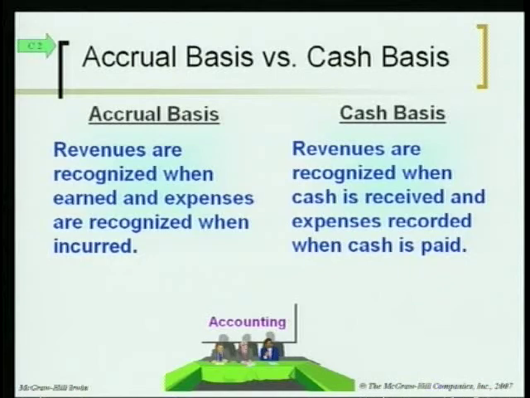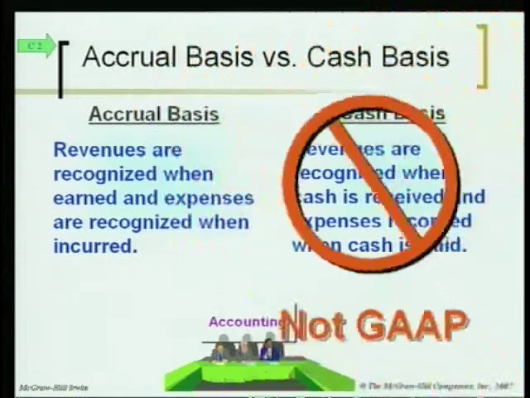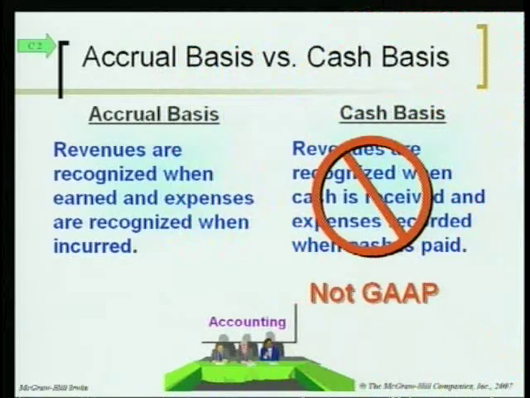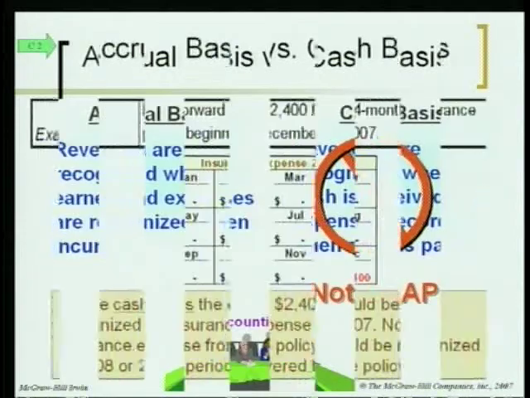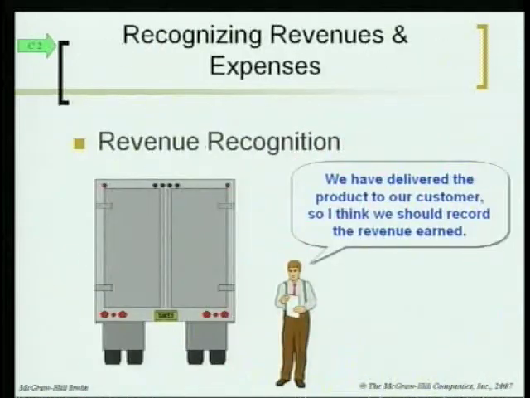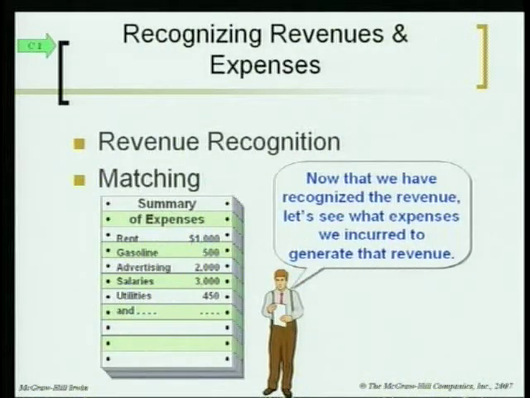And we recognize expenses when they are incurred. We do not use the cash basis, which triggers everything from when cash is coming in or going out. Now, to follow this, we talked about the matching principle. The matching principle states that we want to match the expenses to the periods in which they helped create revenue.